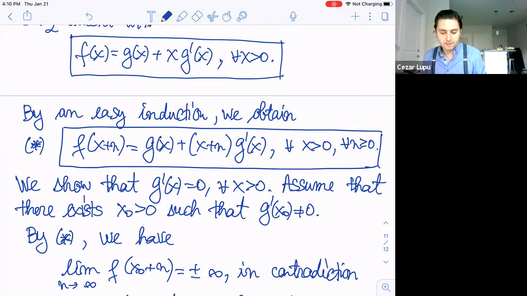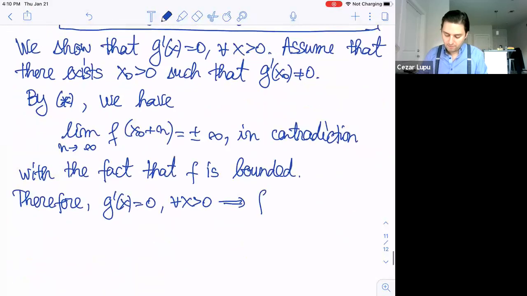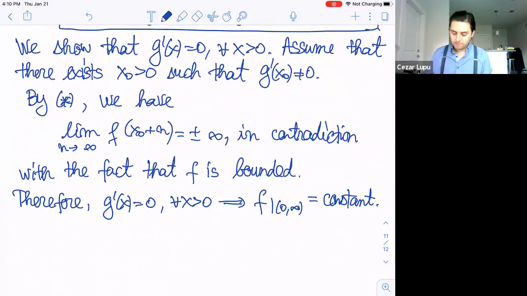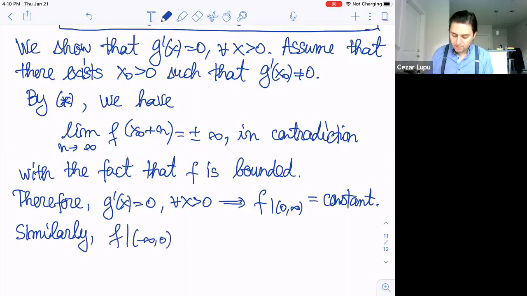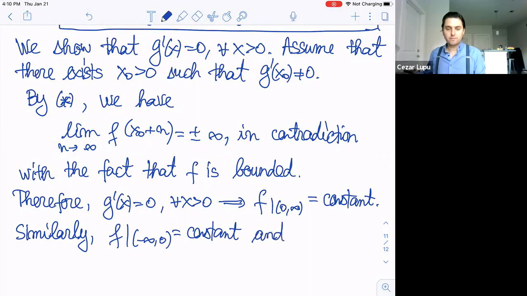So this is nothing else than just f constant. So f restricted to the interval 0 to infinity will be constant, because we talked only about when x is positive. So similarly, f on the interval negative infinity to 0 will be constant. So the conclusion follows.